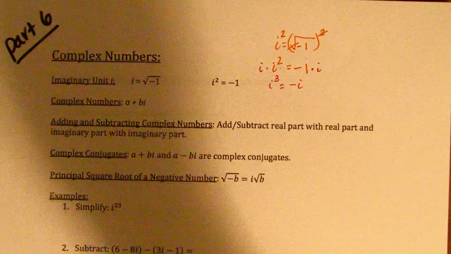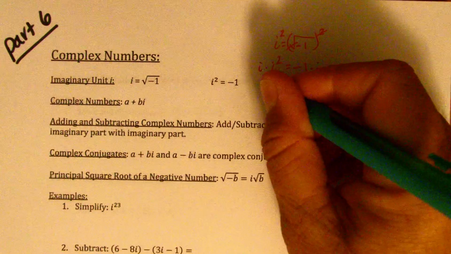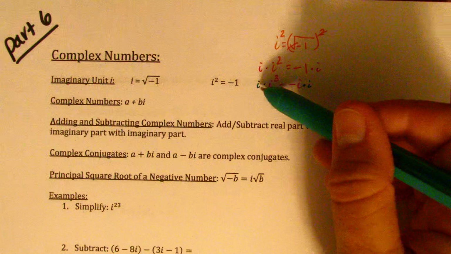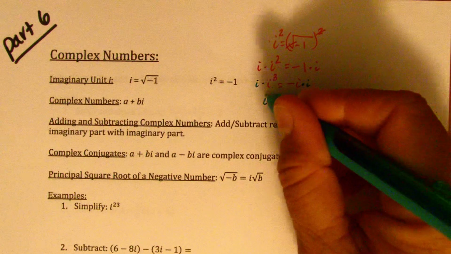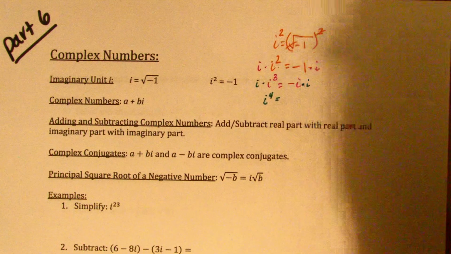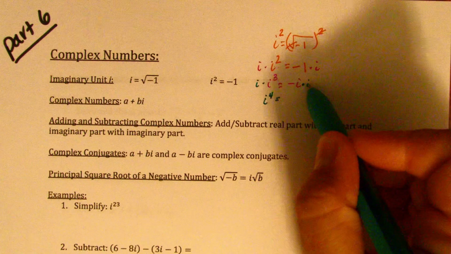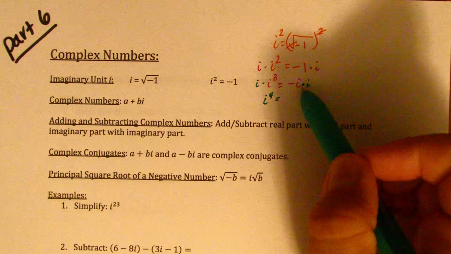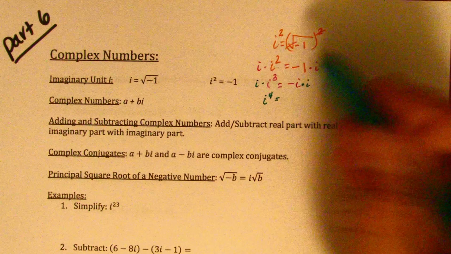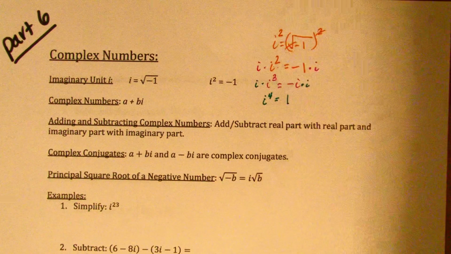If I multiply one more time by i, that will become i to the 4th power. And then -i times i, well, we already saw that i times i, or i squared, is equal to -1, and -1 times a negative becomes +1.